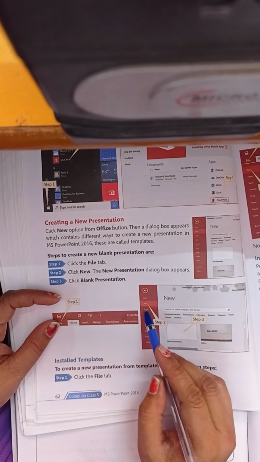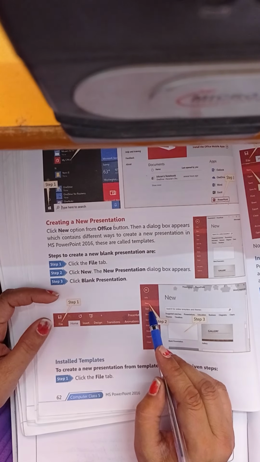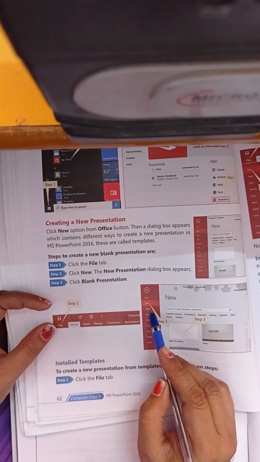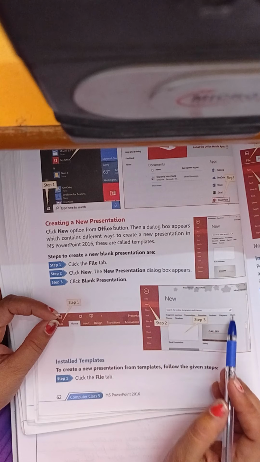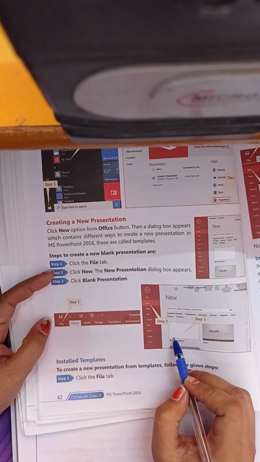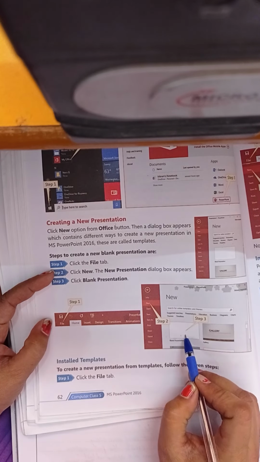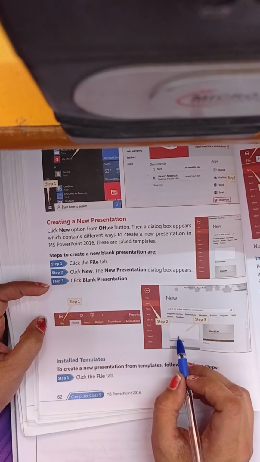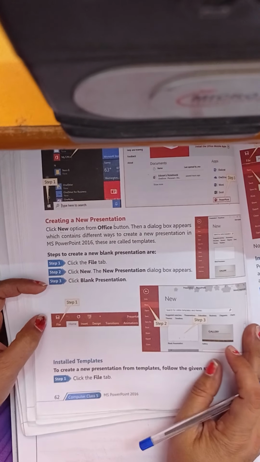From this list we have to select the new option, right? After selecting the new option we get the new presentation dialog box. Students, this is the new presentation dialog box. From here we have to click on blank presentation. This is the blank presentation. Okay, as we click here, one new blank presentation will be created.